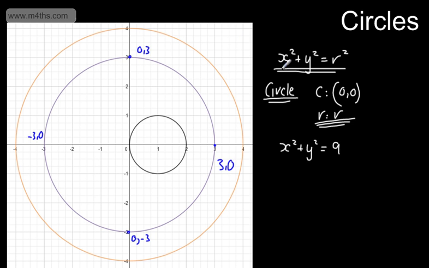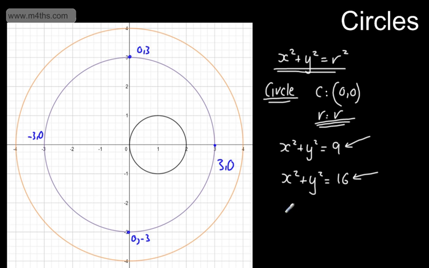The killer mistake pupils make is that they often say that this is the radius. Remember, this is the radius squared. As you move your studies on, you'll see that this is simply a case of Pythagoras' theorem. So if I had x squared plus y squared is equal now to 16, centre 0, 0, radius of the square root, and it's the positive square root of 16, which gives us 4, and that's the orange one just there.